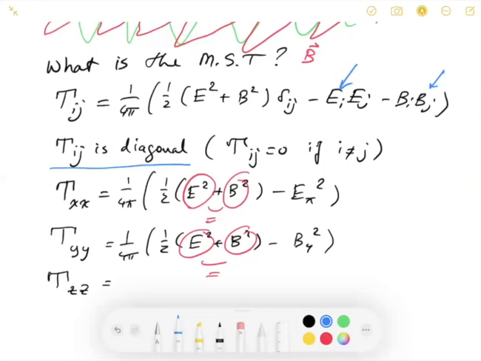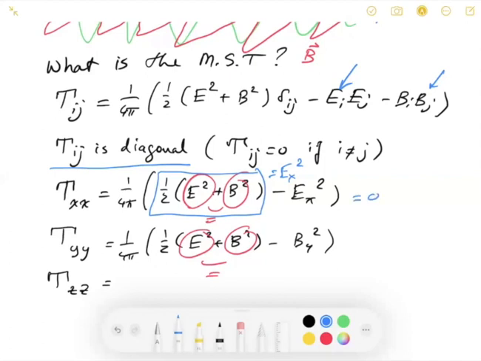Therefore, this term is exactly equal to E_x squared. That's where the half disappears, because of E and B being the same. So therefore, this thing is 0.